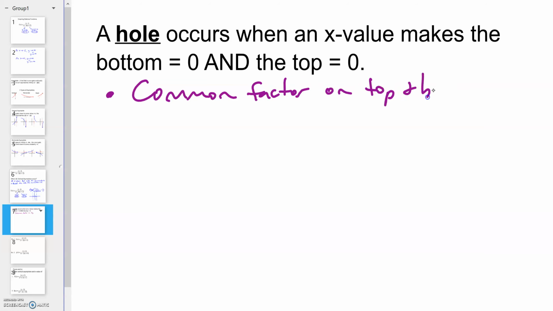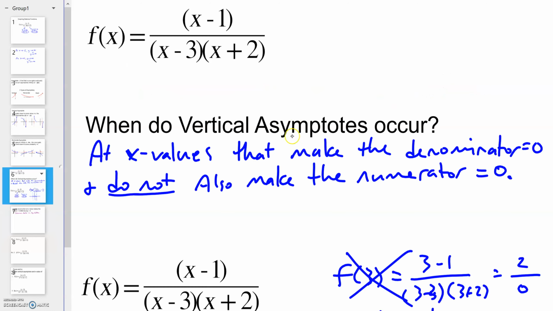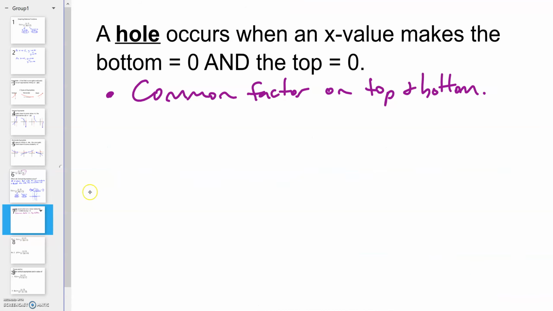So anytime the same value makes the top and the bottom 0, there's a hole. If it only makes the bottom 0 and not the top, like 3 and -2 did here, when I plugged in 3, I got 2 on the top but 0 on the bottom. If I plug in -2, I get -3 on the top, but 0 on the bottom. But when it makes both 0, we get a hole.